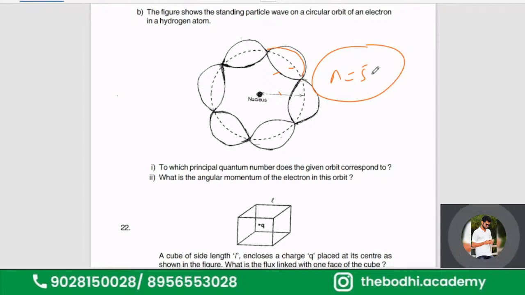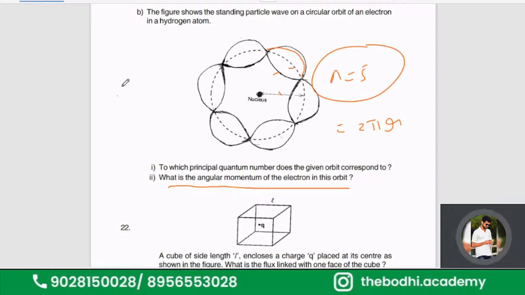And then the second question is, what is the angular momentum of the electron in this orbit? The angular momentum formula is given by... say you have to find it for a particular orbit. What is the circumference of a circle? 2 pi r. This is the length.